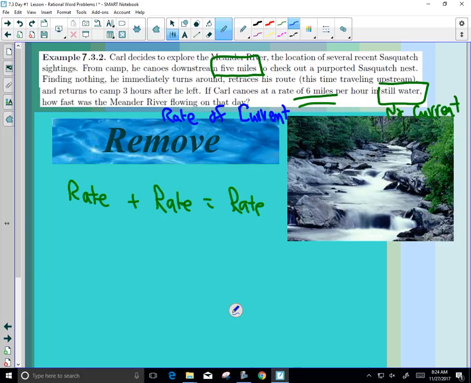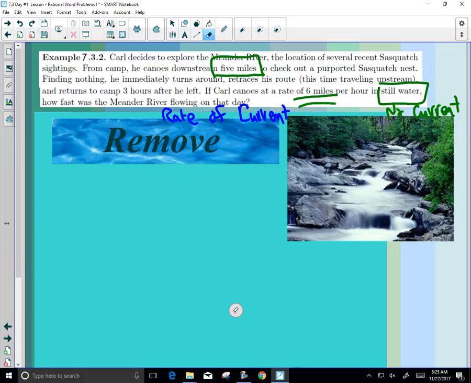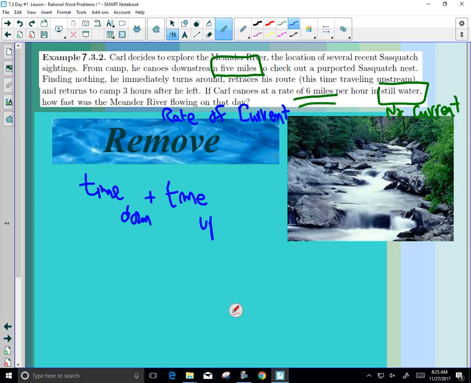That's not going to work out. If he's paddling along at 6 miles an hour going against the current, or going with the current, they'll be different. I don't think this is the formula that we want. I think what we want to look at is the time going downstream plus the time going upstream is going to be equal to the total time.